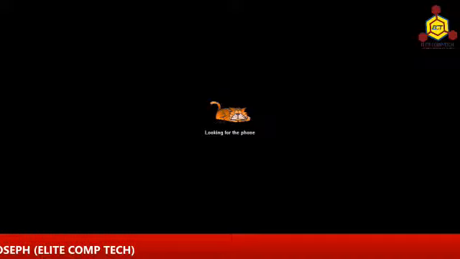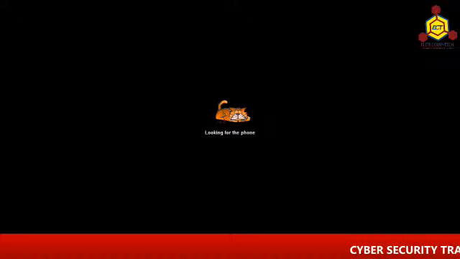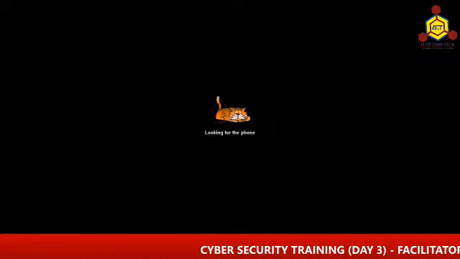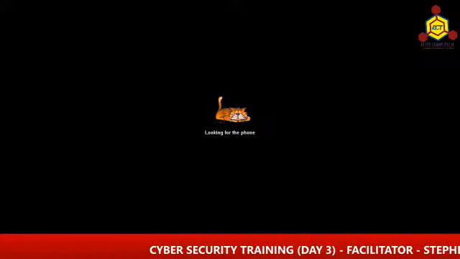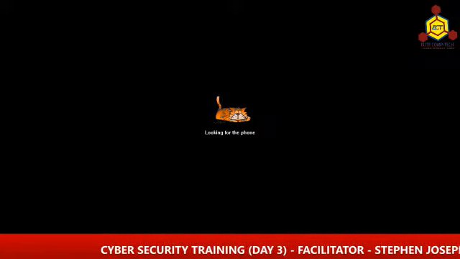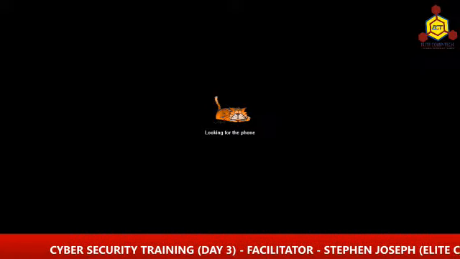Very important. This class B is what you shouldn't get confused about. The first octet must be 172. You can put must. For private, the first octet must be 172.